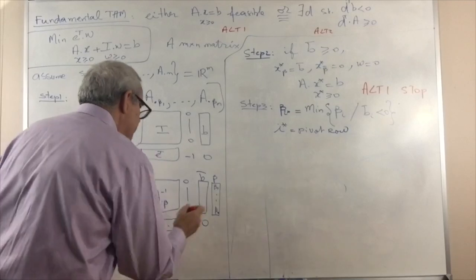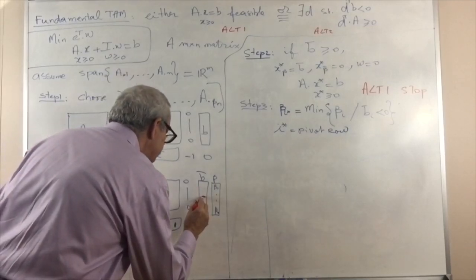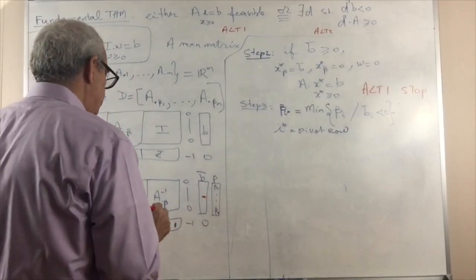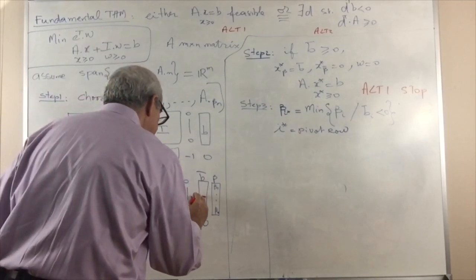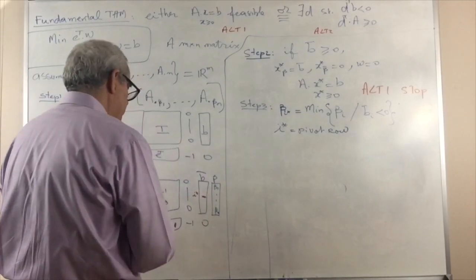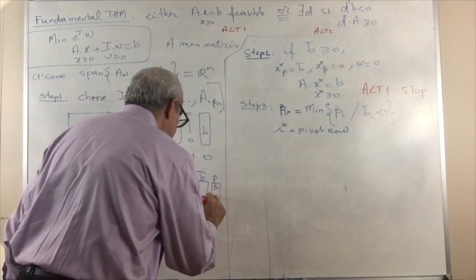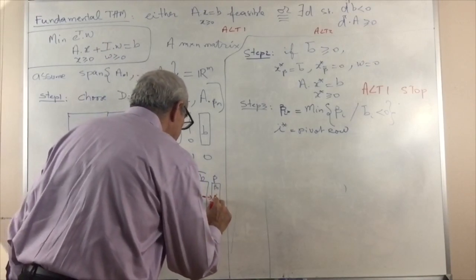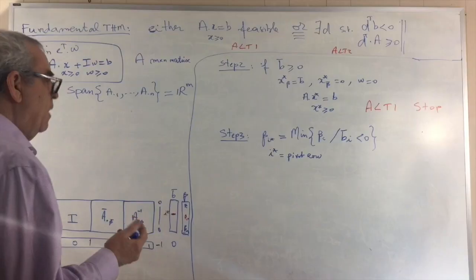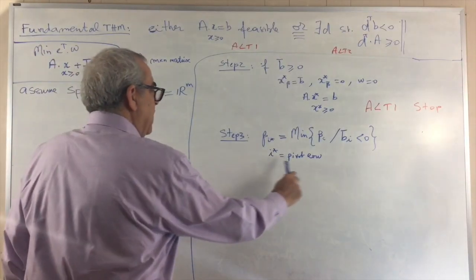Let's say it's right here. So this is the I star row, and it corresponds to beta of I star. So here we have defined the pivot row.